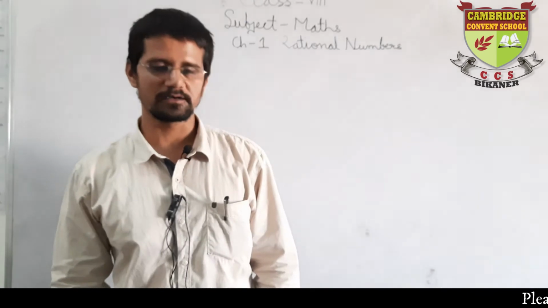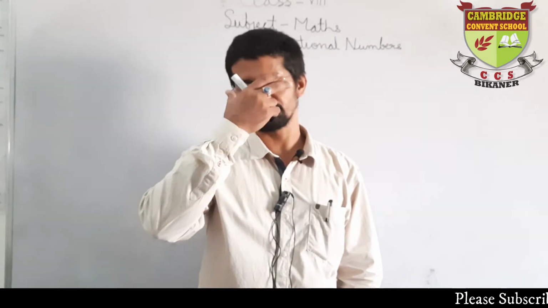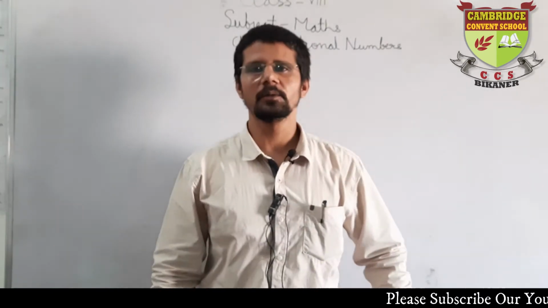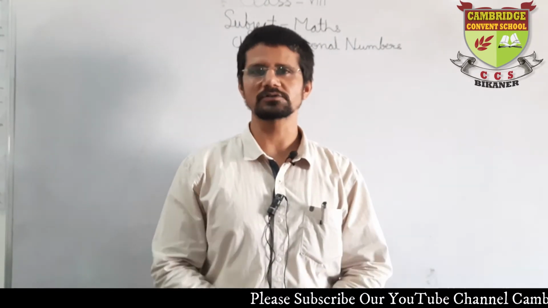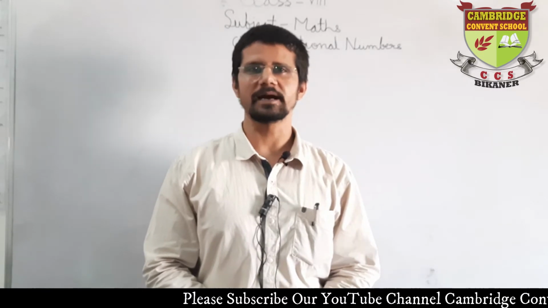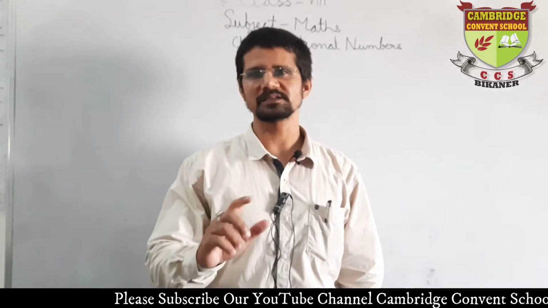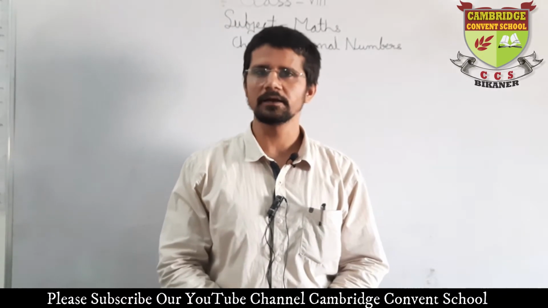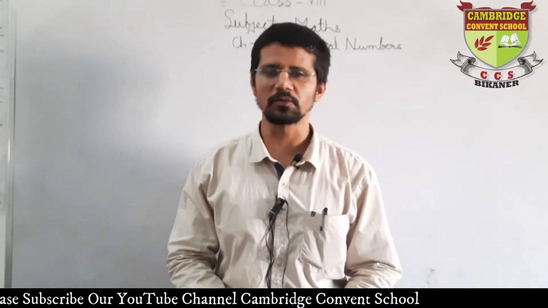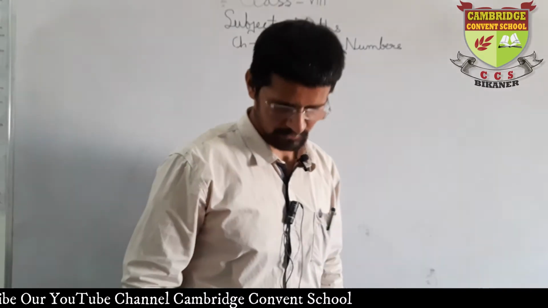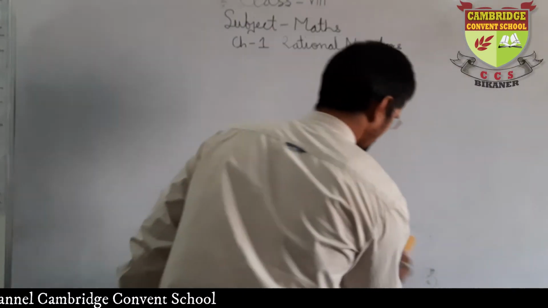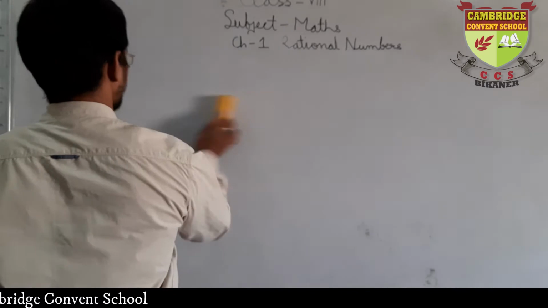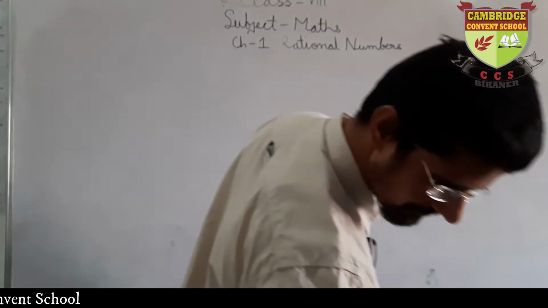Any number that is written in the form of p upon q is a rational number, and there are two conditions that apply: p and q must be integers, and q should not be equal to 0. In this class we will learn about equivalent rational numbers.